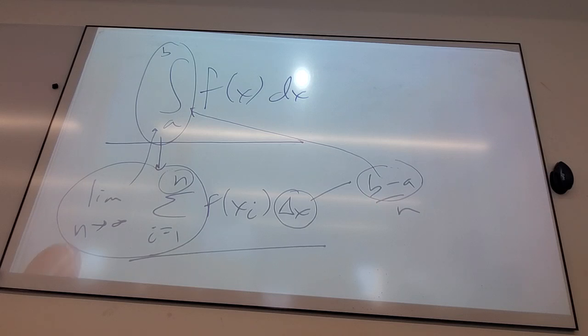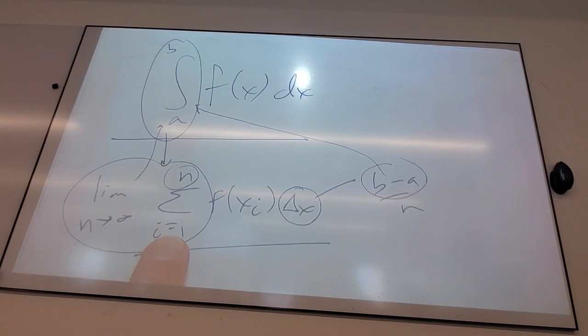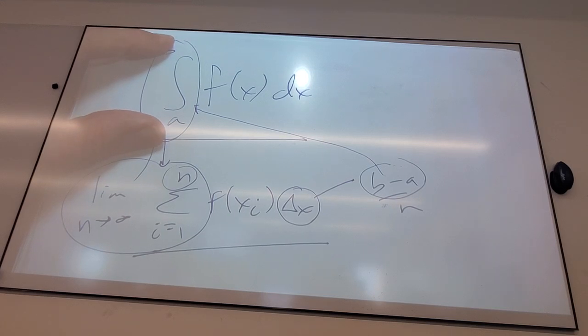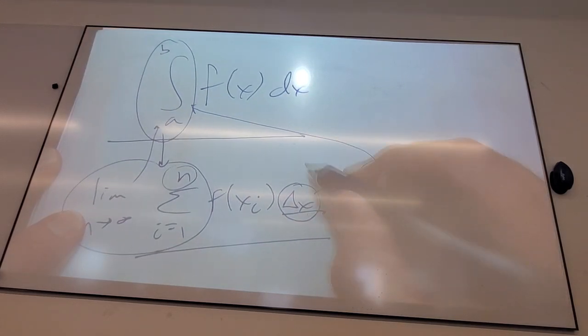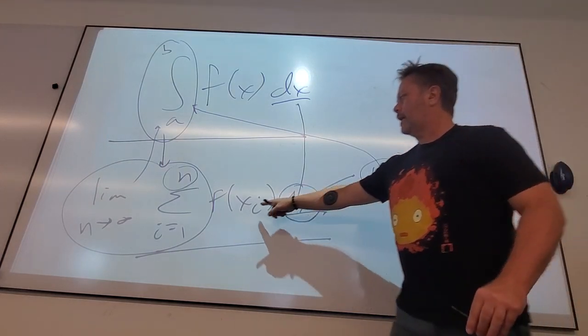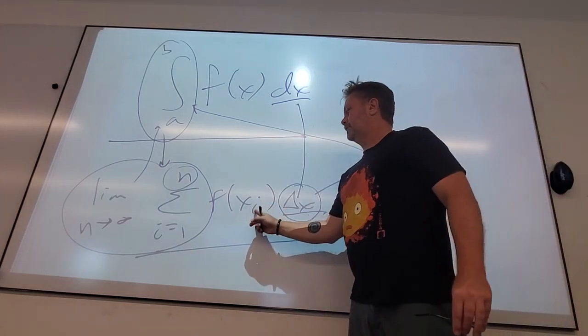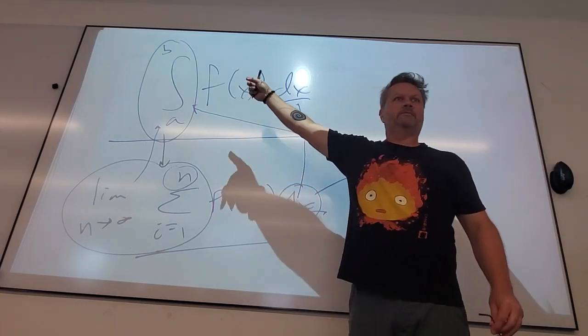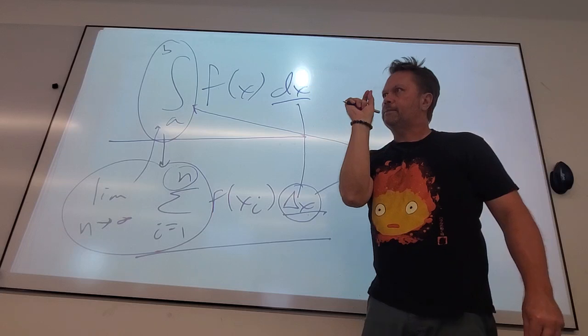It has the infinite rectangles from A to B, all bam, right there, that one symbol. Delta x, of course, becomes dx because now it's an infinitesimal step. And xi just becomes x because I'm not just taking every ith input, I'm taking every possible input. So my rectangles are getting infinitesimally small. Okay.